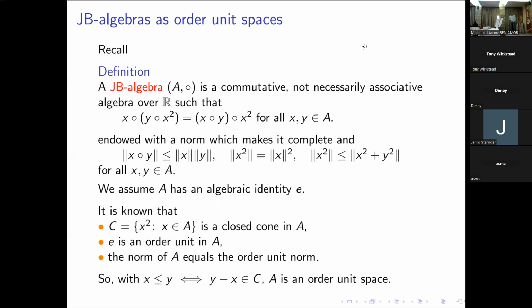And so with that order unit, we can make the order unit norm, but it was already a Banach space. So we had already a norm, but it turns out that they are equal. So the norm of a equals the order unit norm. So these are really order unit spaces with an additional product, like here with these conditions. So that's exactly what the JB algebra is.